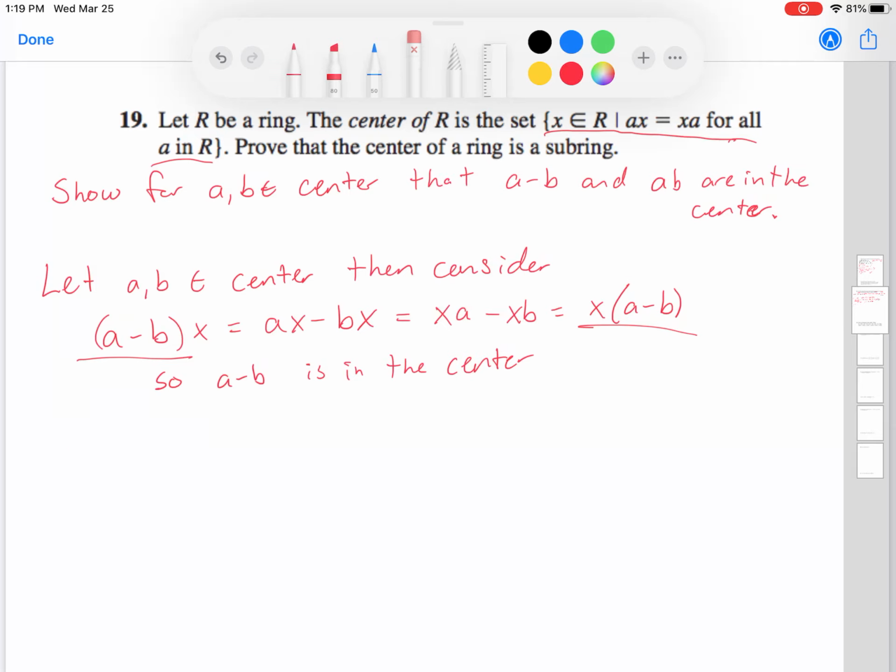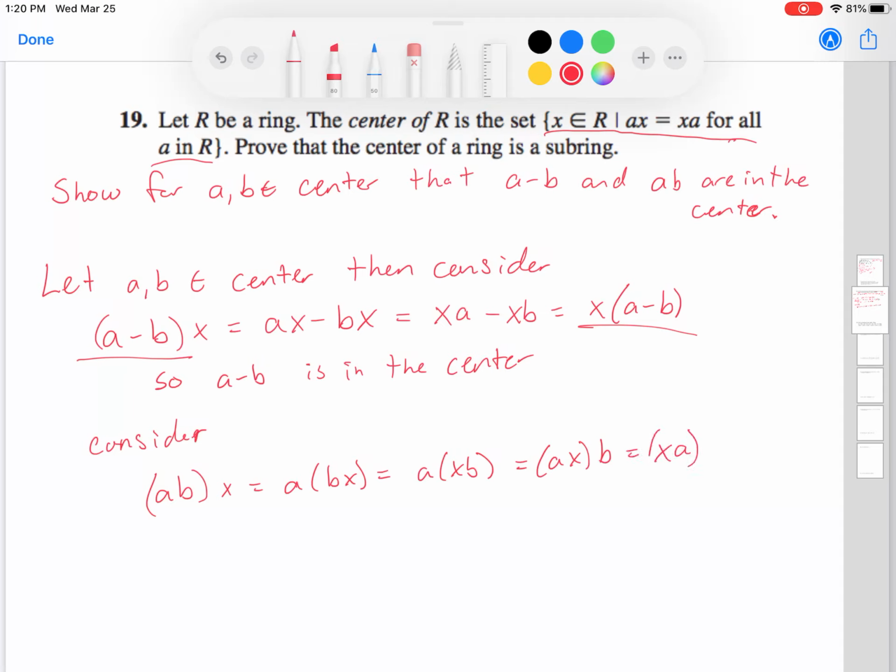Now let's consider AB times X. Well, that's A times BX, which is A times XB, which is AX times B, which is XA times B, which is X times AB.